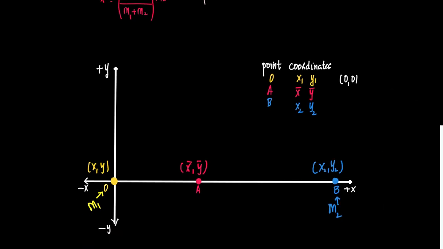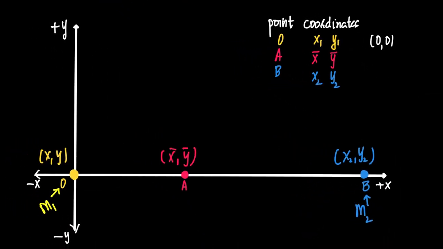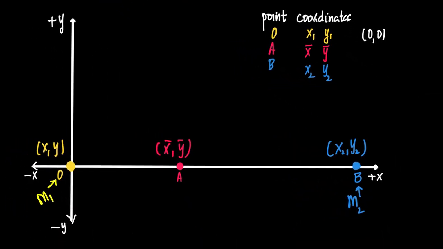Let's see how. So this is what the graph looks like. m1 is placed at the origin, therefore the coordinates of m1, which is x1 y1, should be equal to 0 comma 0. m2 is placed at B, the coordinates are x2 comma y2, and A is the center of mass with coordinates labeled x bar y bar.